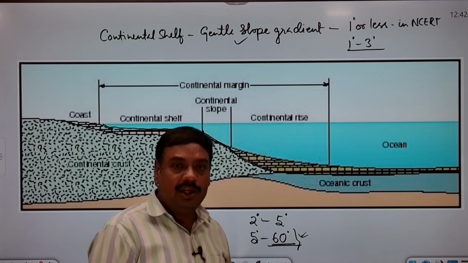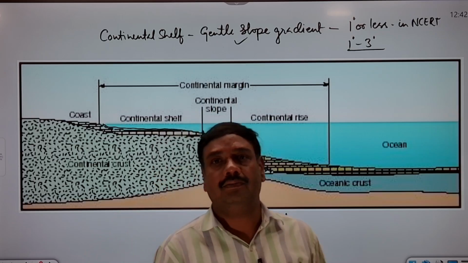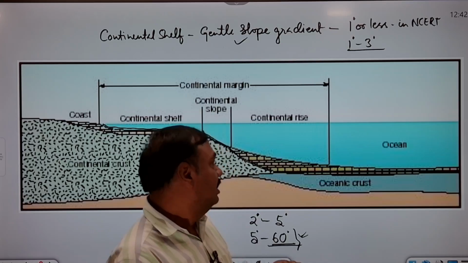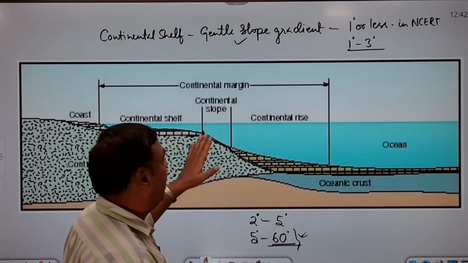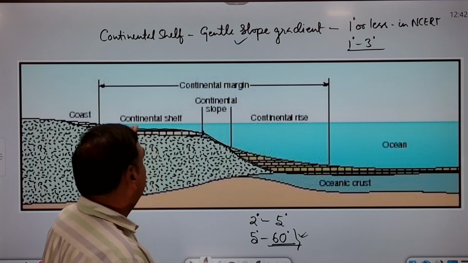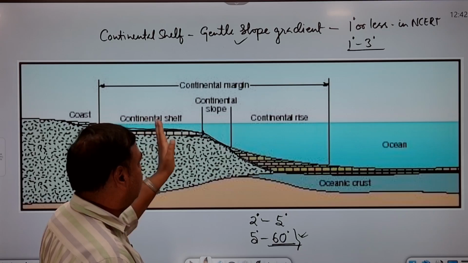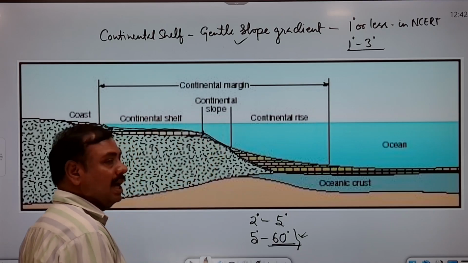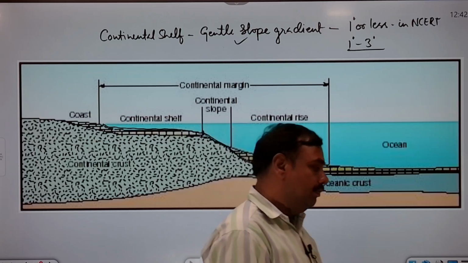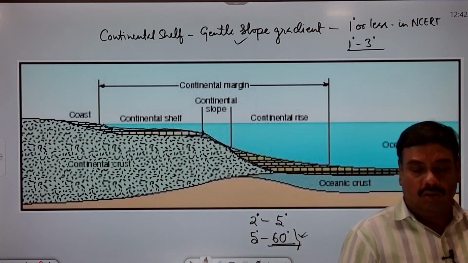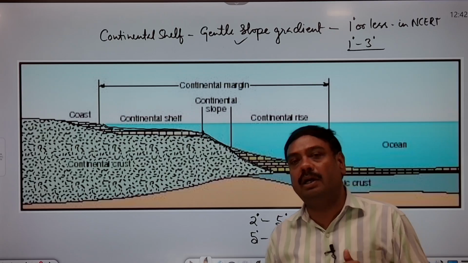And second thing you should know here, that this continental slope, since it is having more slope gradient, so the sediments which were deposited here on the continental shelf, when extended towards the continental slope, they are not found on the slopes of the continental slope region.